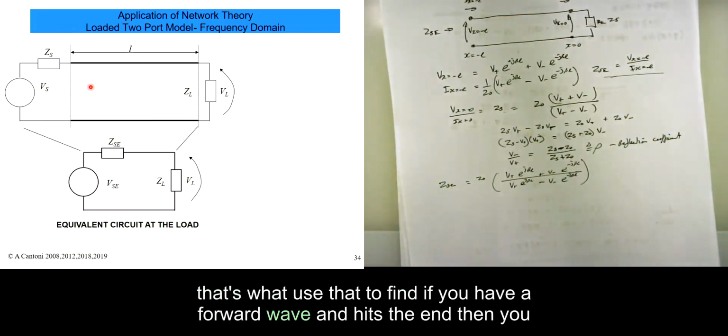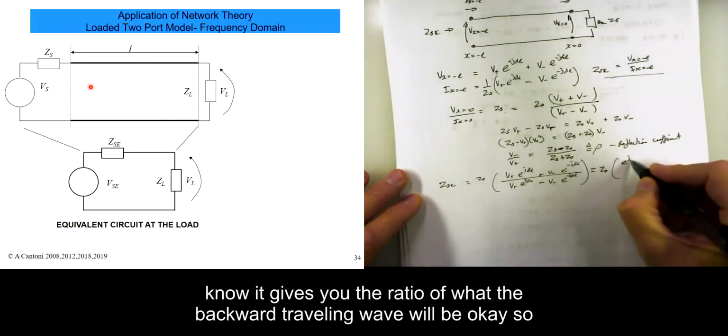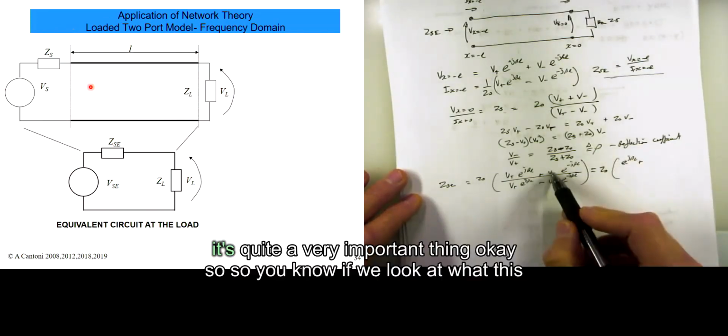If you have a forward wave that hits the end, then it gives you the ratio of what the backward travelling wave will be. So it's quite an important thing.